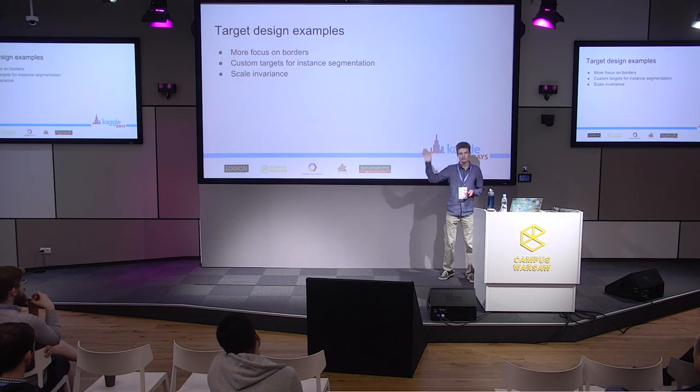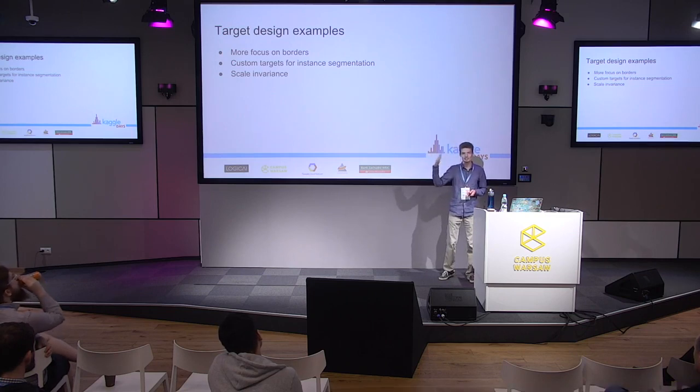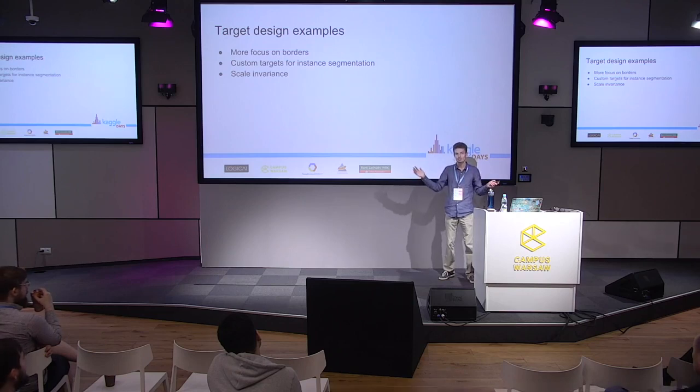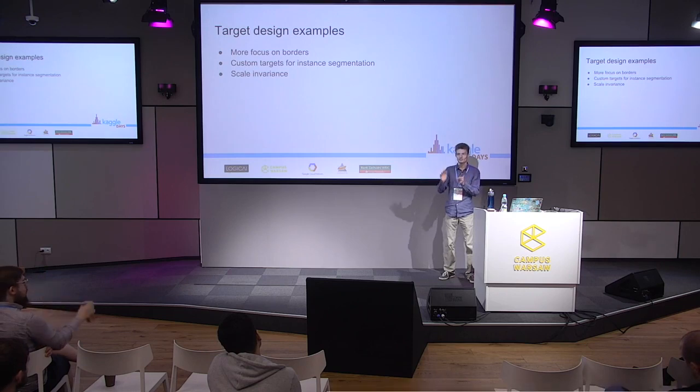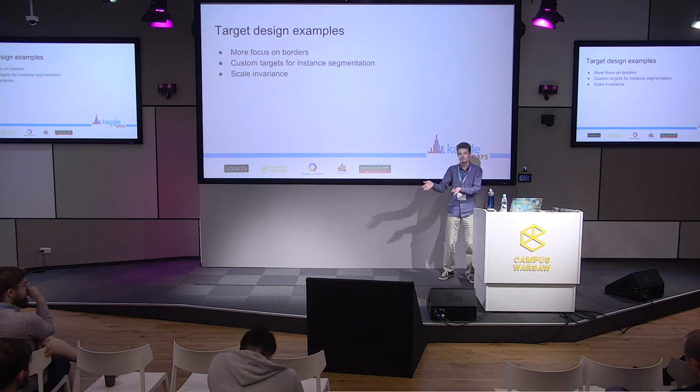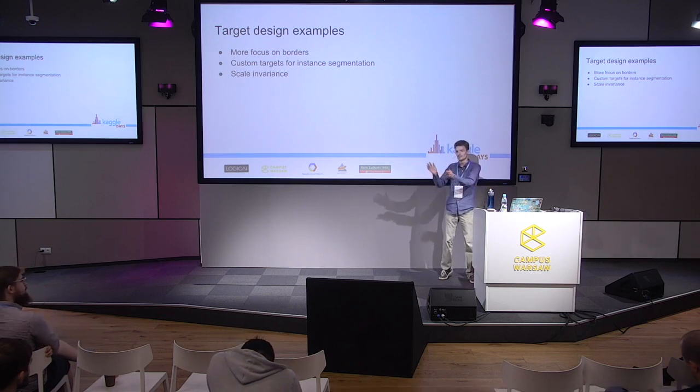For example, if you try to predict fences on satellite imagery, it's really hard because they are just a few pixels wide, and an easy hack to improve this is to make the target larger. Using computer vision algorithms, you can make fences artificially larger, so the network has more information about them, then it predicts the mask, and you shrink the mask again.